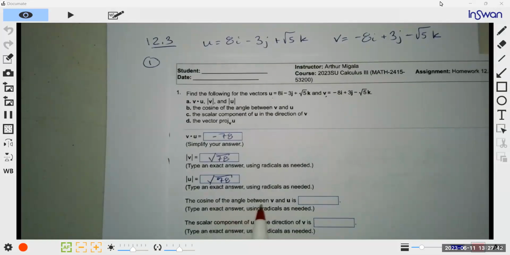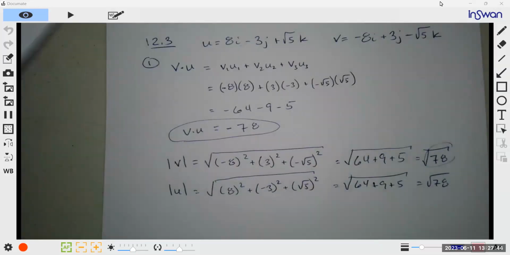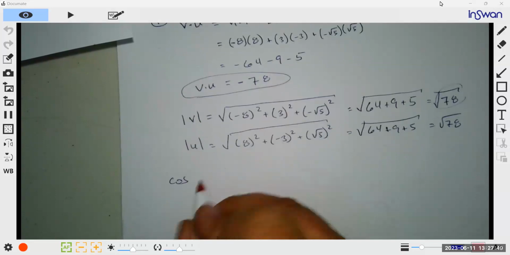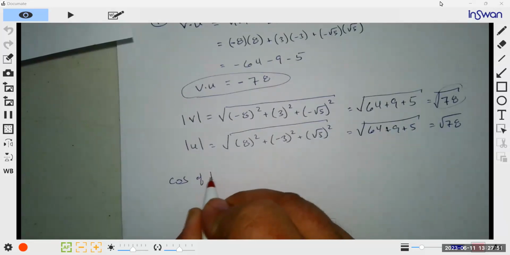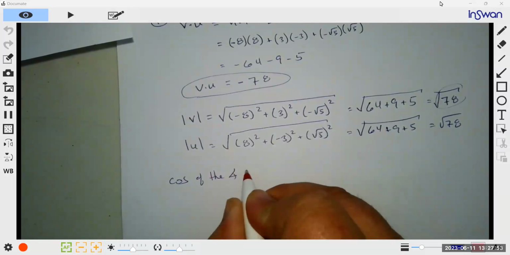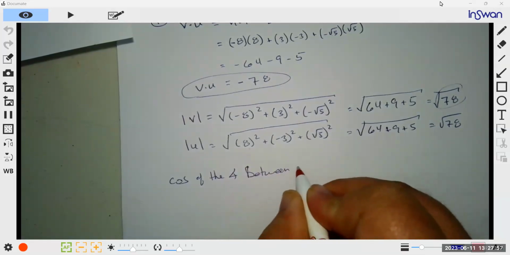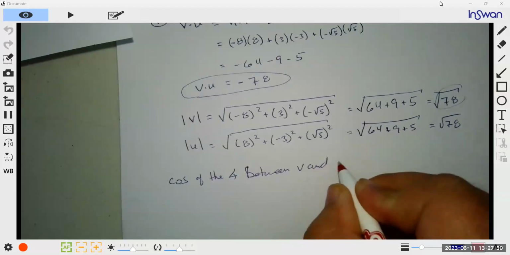Now it says find the cosine of the angle from v to u, or between v and u.